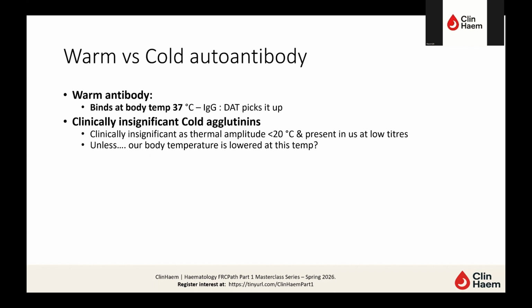It is important to know. Other than that, these are clinically insignificant because they are not going to cause hemolysis or any problems. You can say that it is something incidental that you can find at very low temperatures.